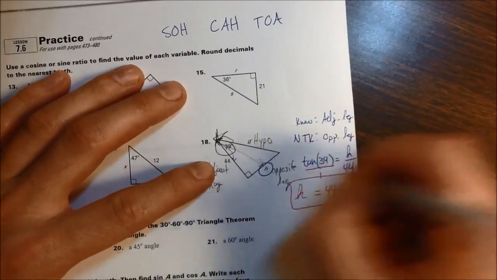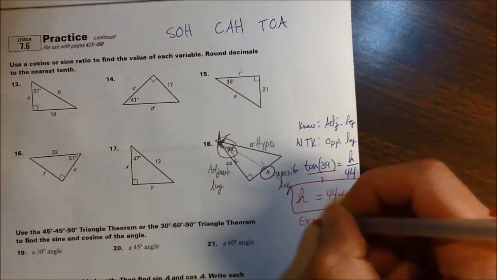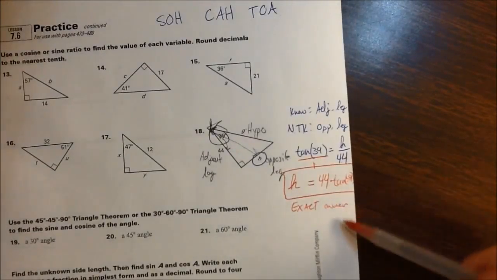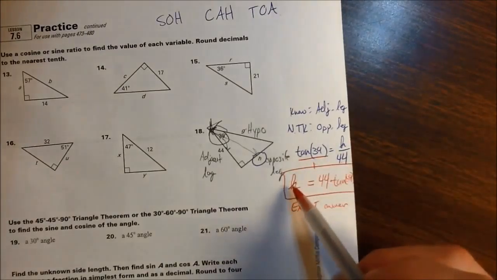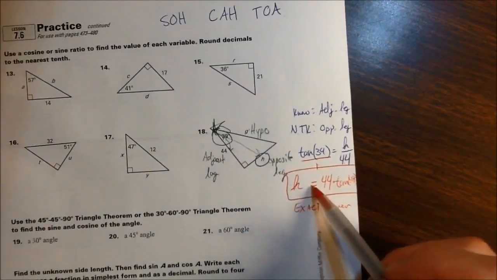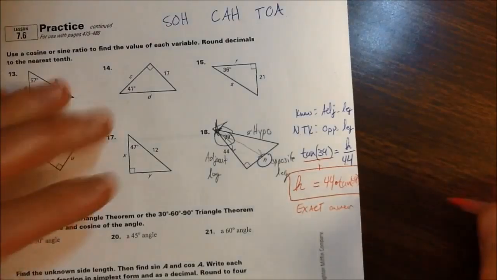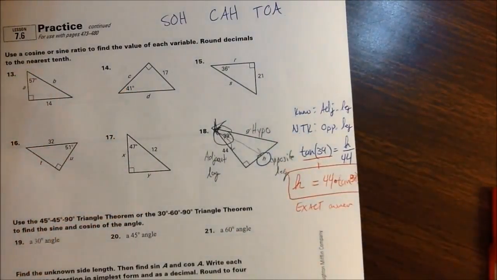And that is your exact answer. For this problem, you have already found your exact answer just by simply taking the cross product, because you know that the length of the opposite leg, h, is 44 times the tangent of 39, which is our angle measurement.